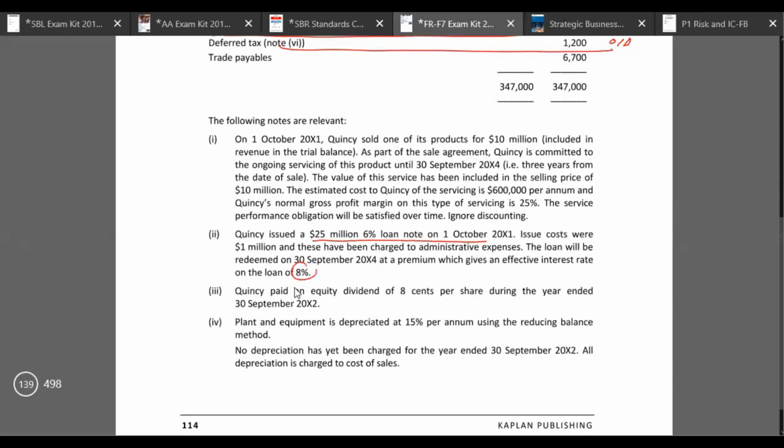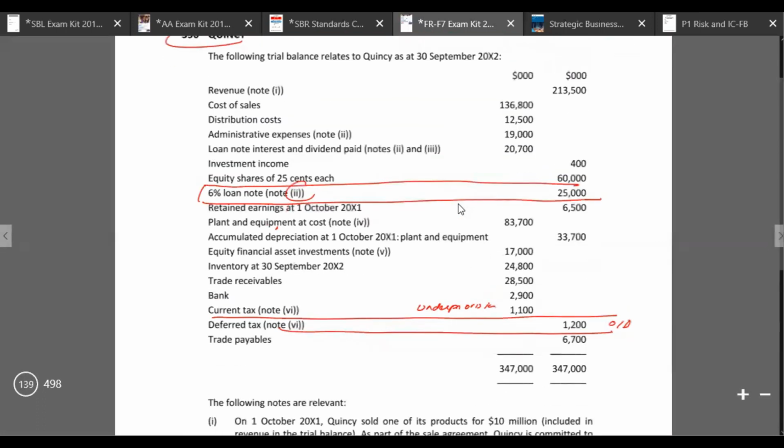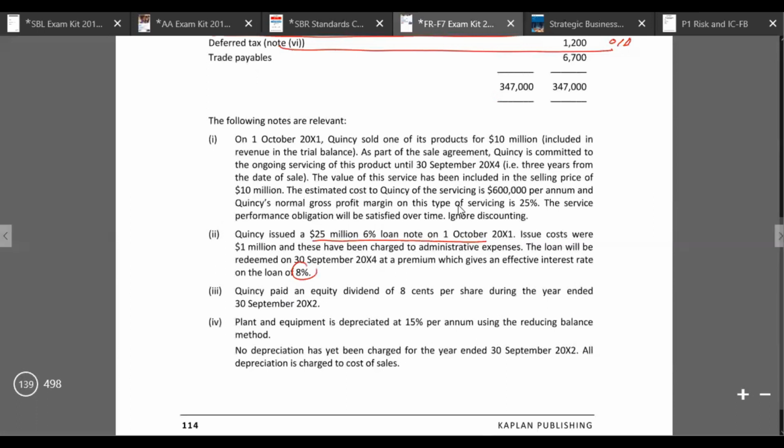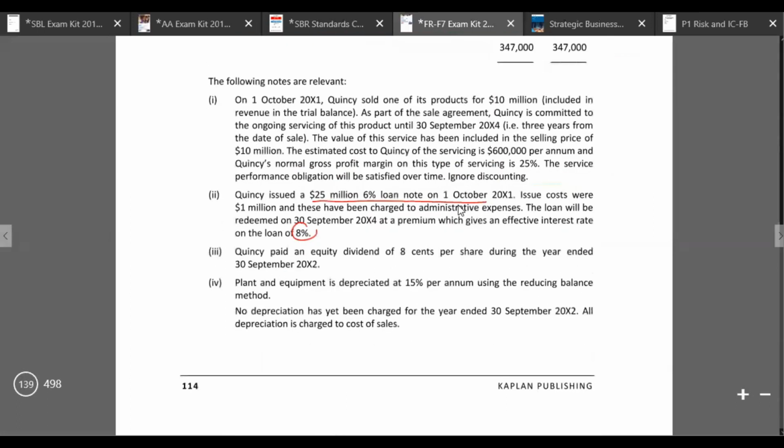Now the coupon rate is how much? The coupon rate is 6% and effective rate is 8%. Now if you remember the working, we said the financial liability should be initially recorded at fair value, which is 25,000 minus issue cost, which is 1,000. So it gives you 24,000.